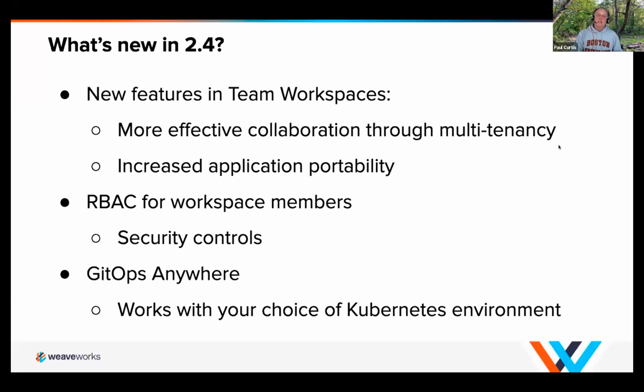The other thing is that as with all Weaveworks products and the things that we work with and distribute, we use GitOps for everything. So the Team Workspaces are GitOps enabled because they are declarative, and the cluster's configuration itself is also declarative. And so I'll show you that during the demo.